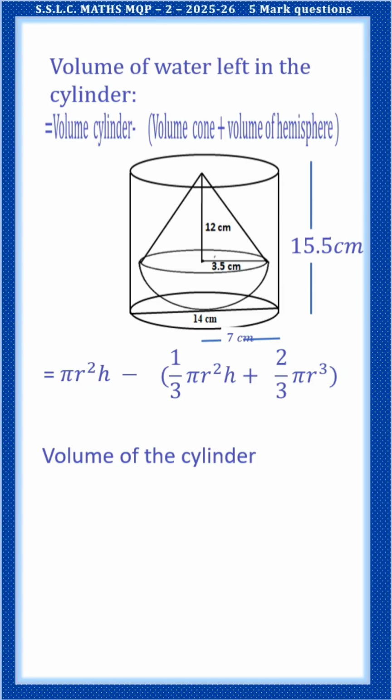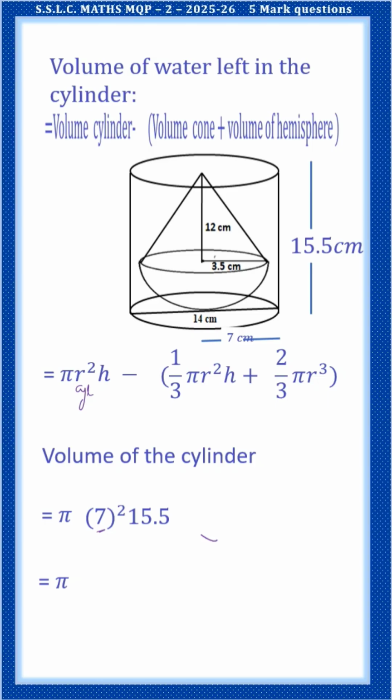Now let us calculate volume of cylinder. Pi, radius is 7 square. Here the radius of the cylinder, this one, so 7. Height of the cylinder is 15.5. Now let us keep pi as such.